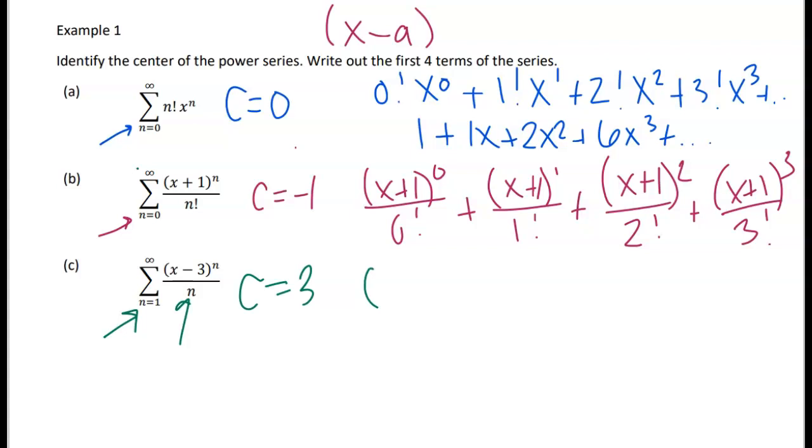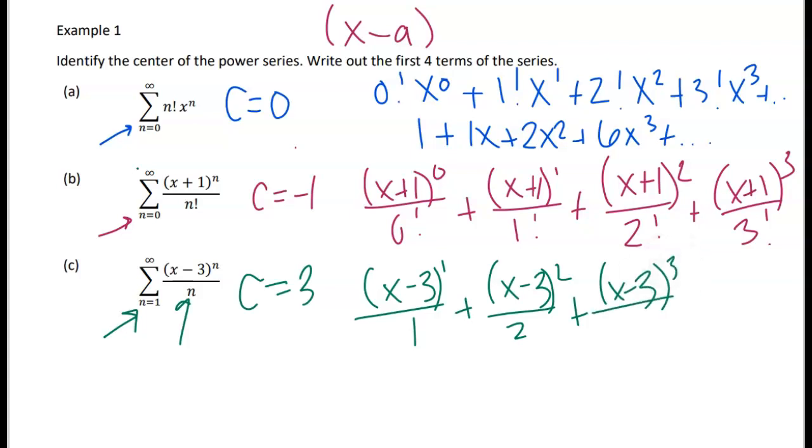So my very first term actually must be x minus 3 to the 1 over 1. x minus 3 squared over 2. x minus 3 cubed over 3. x minus 3 to the 4th over 4. And so notice that my terms are a little bit different here because I'm starting at n equals 1. I can't start at n equals 0. I would have an undefined term of that series, so I couldn't start there. So I'm going to have to start that one at 1, and that affects the first terms in the sequence.